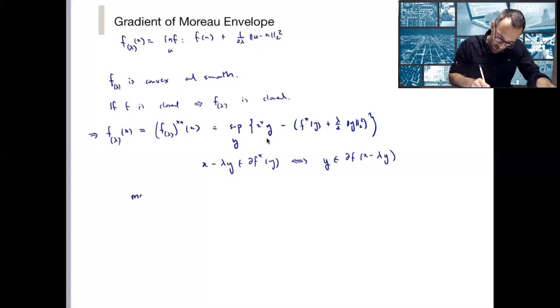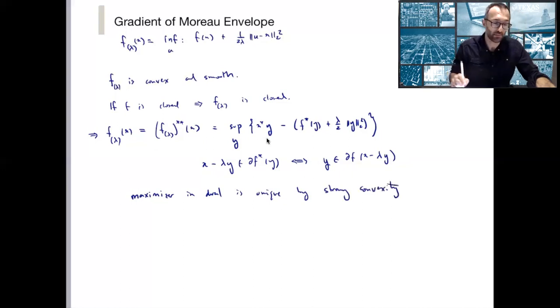So the maximizer in the dual is unique by strong convexity. And again, this means that the primal is differentiable. And moreover, we know that therefore y hat is equal to the gradient of the Moreau envelope of f at x hat.